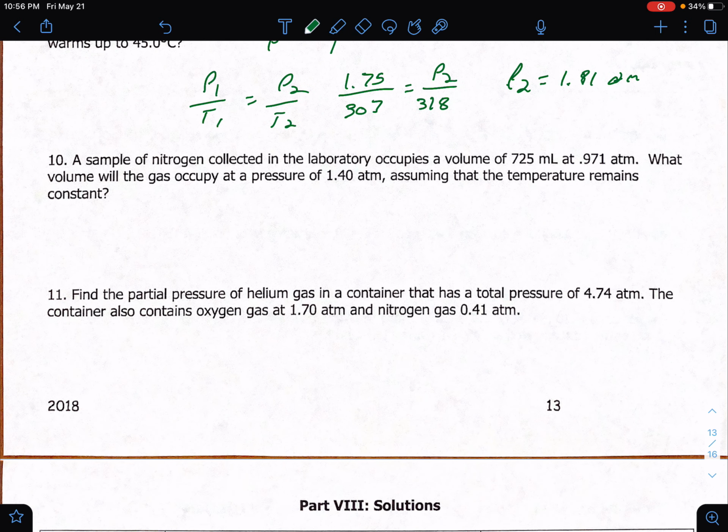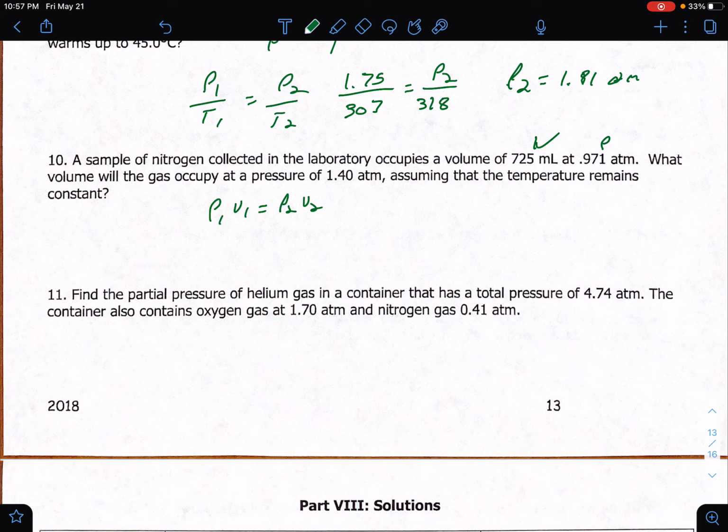10, a sample of nitrogen collected in the laboratory occupies a volume of 725 milliliters at 0.971 atm. So I'm given volume, and I'm given pressure. What would be the new volume if the gas occupied a pressure of 1.40 atm? So I'm doing just pressure and volume, so this is going to be P1 times V1 equals P2 times V2.